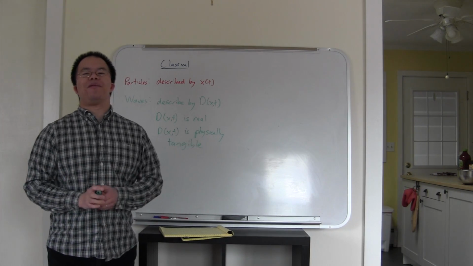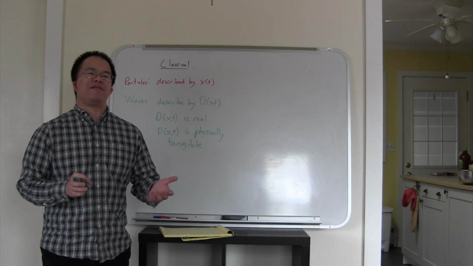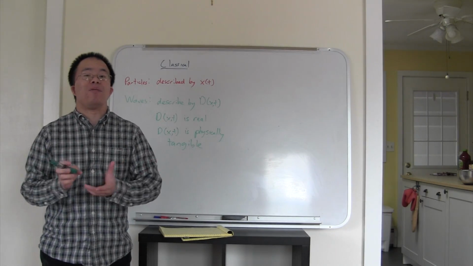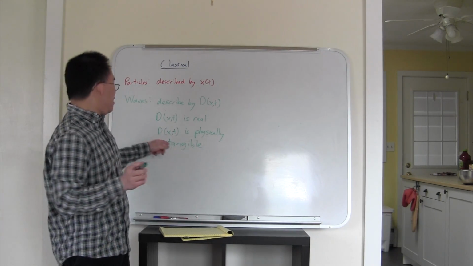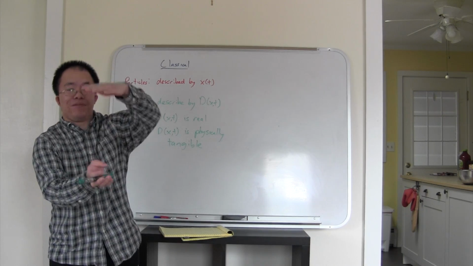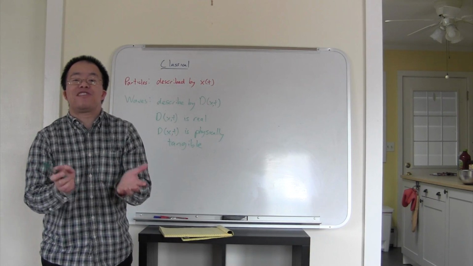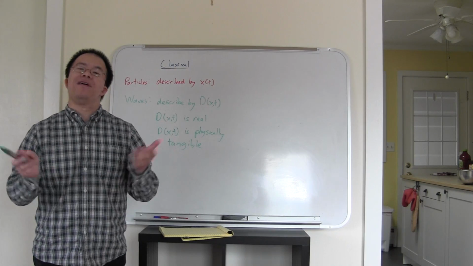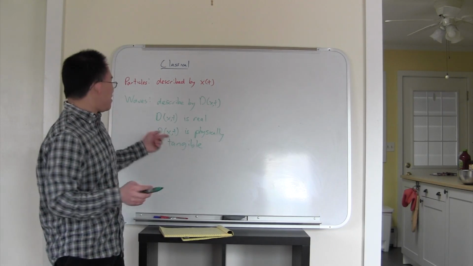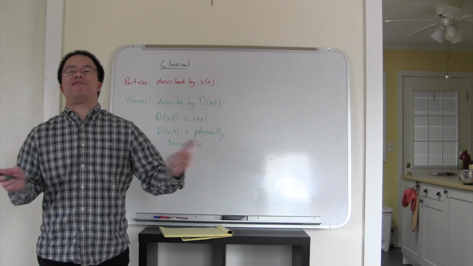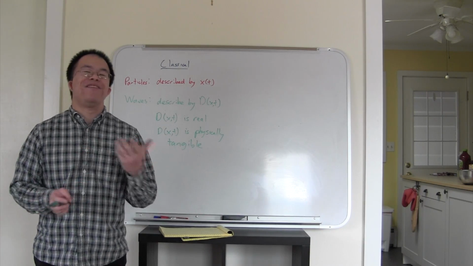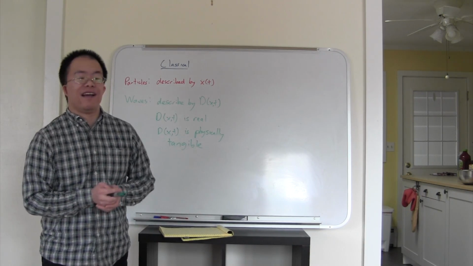So, for example, if you have a wave on a one-dimensional string, this displacement describes how far the string is displaced from equilibrium. Or if we're talking about sound, this d might represent a pressure that varies in both position and time.